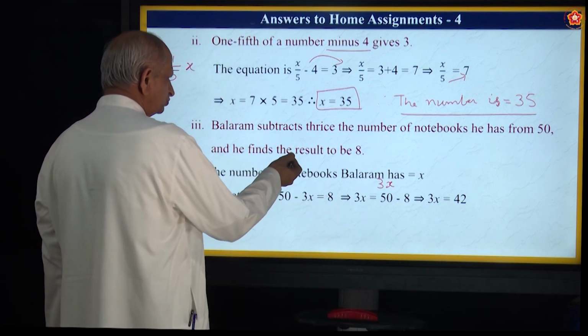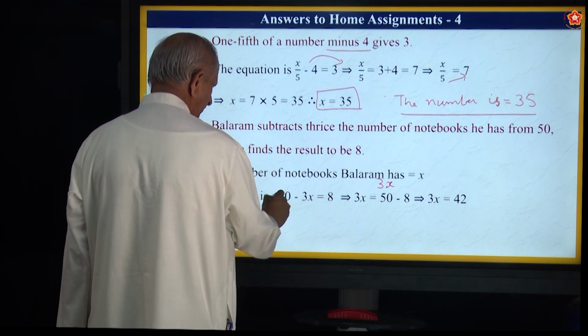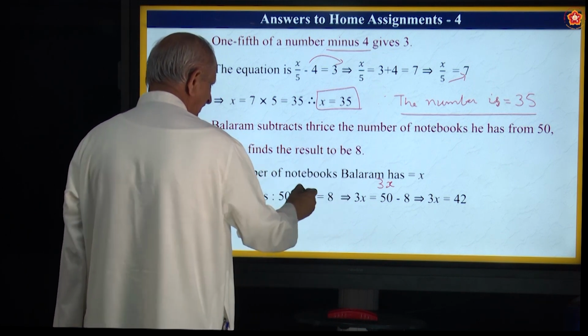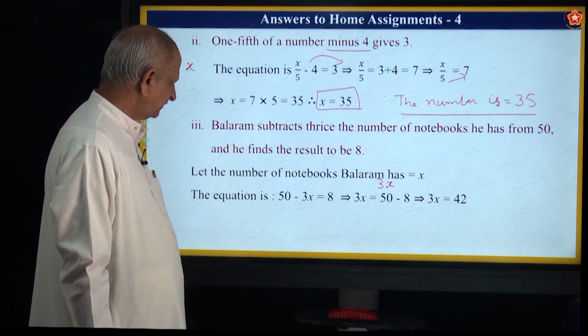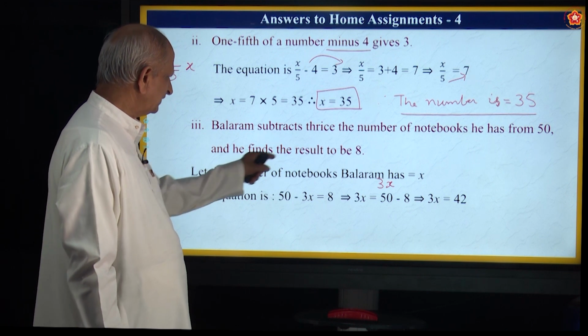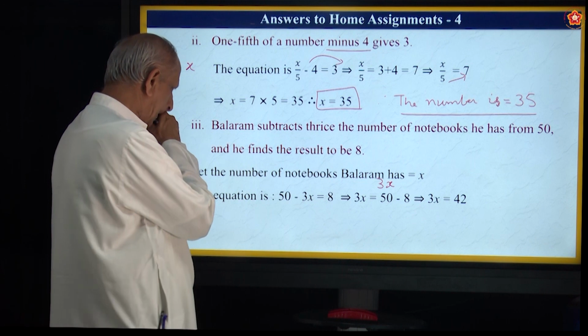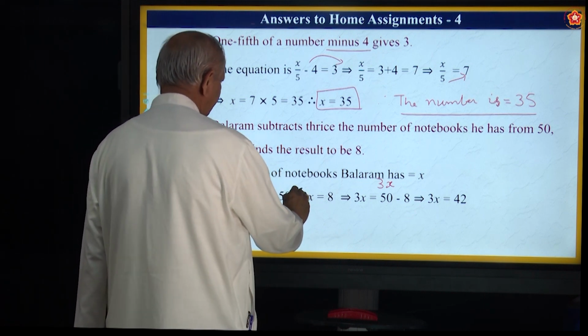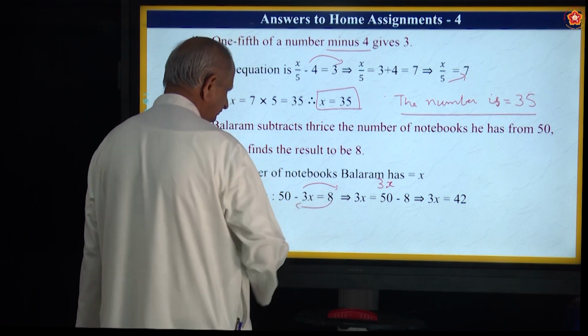And what you have to move? From 50. So 50 must be taken first. 50 minus thrice the number, that is 3x, equal to 8. Now how to get rid of that x? So minus 3x is shifted to right side, 8 is shifted to left side.